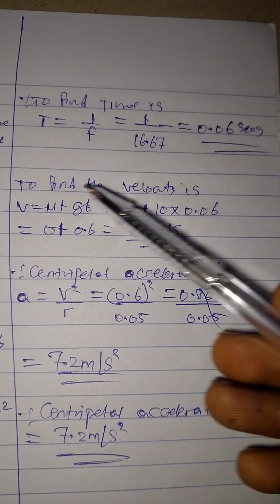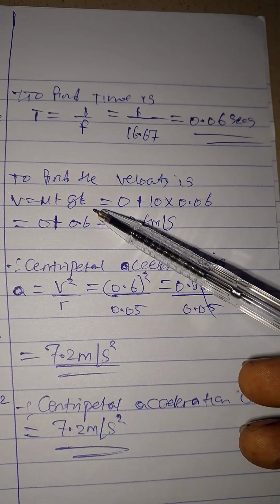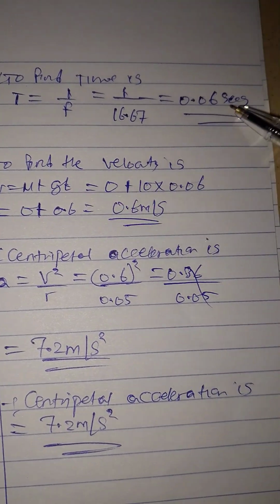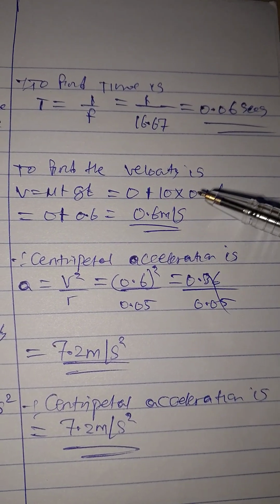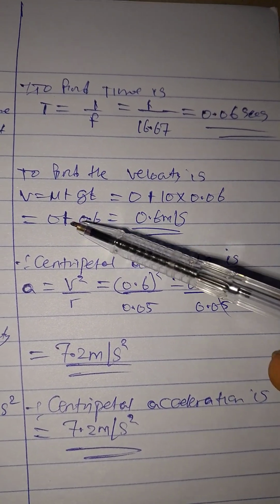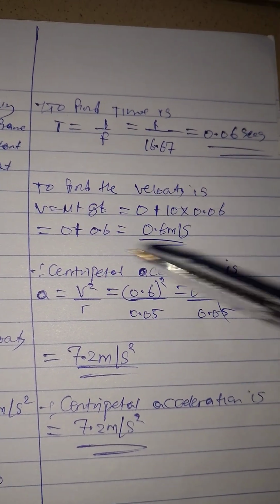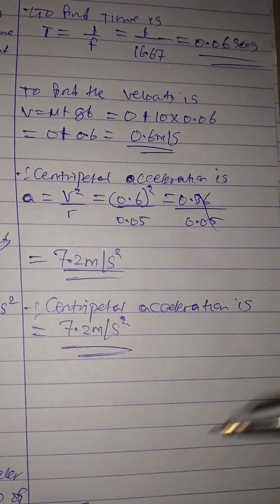Now to find the velocity, v equals u plus gt. I know that u is always 0, plus g is always 10 times my t, which is 0.06. So this gives 0.6 meter per second. Since my velocity is 0.6 meter per second, it's easy to find my centripetal acceleration.